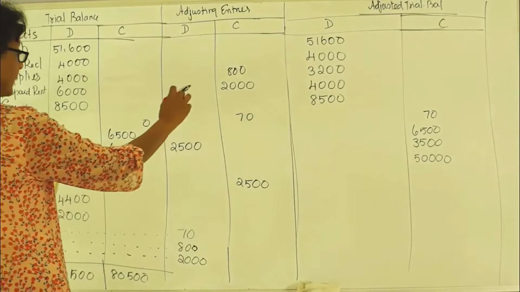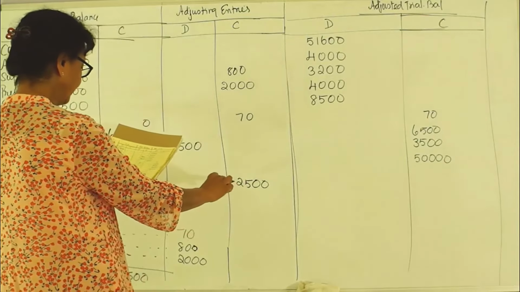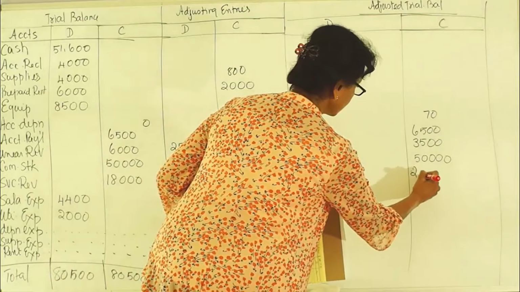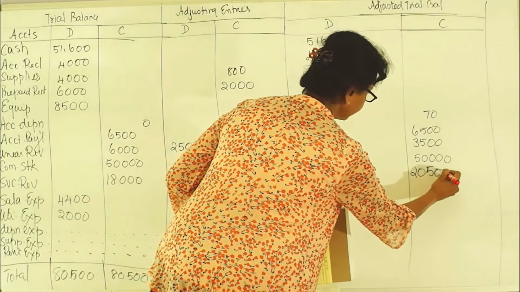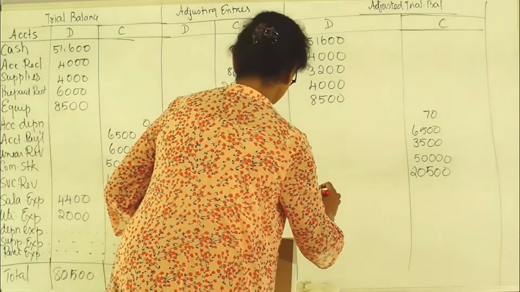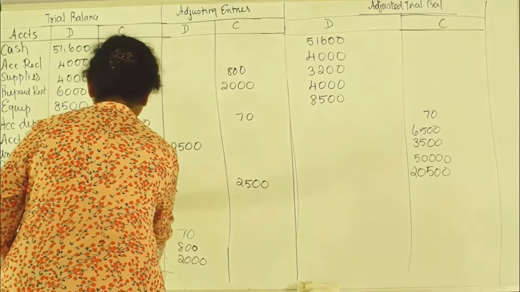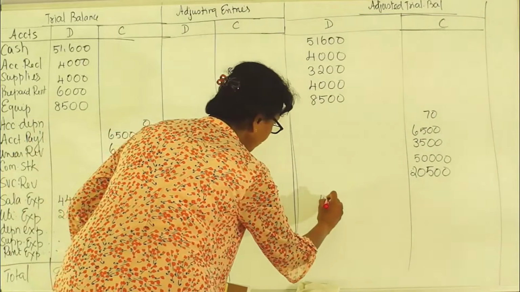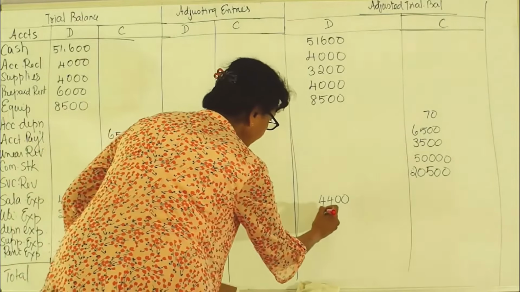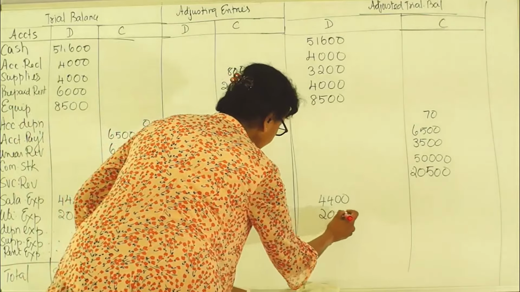Service revenue increased by 2,500, so the new balance will be 20,500. Salary expense stayed the same, so that would be 4,400. Utility expense stayed the same at 2,000.